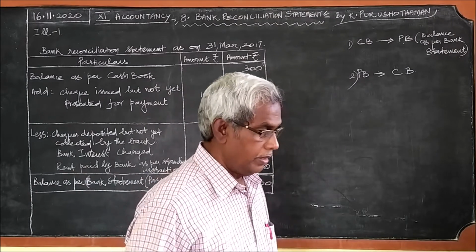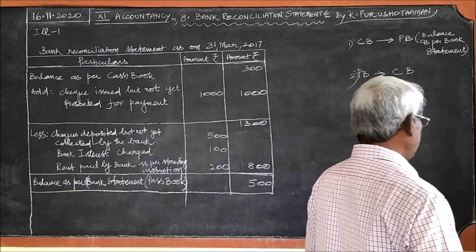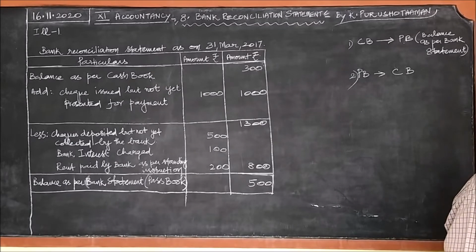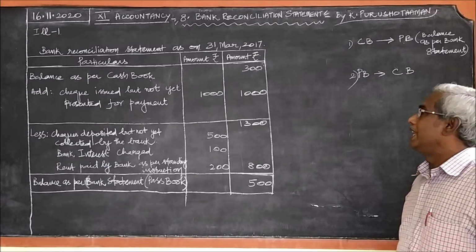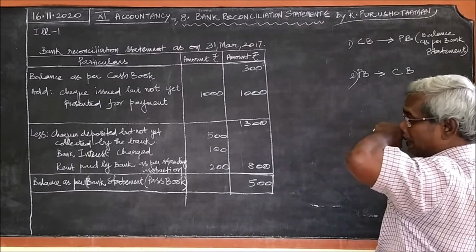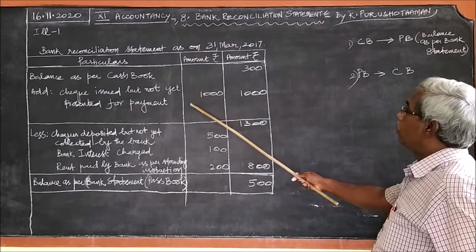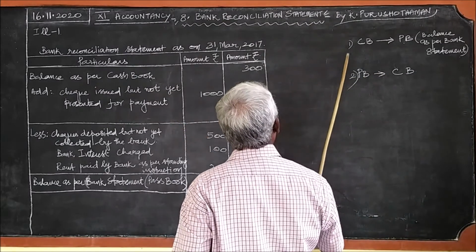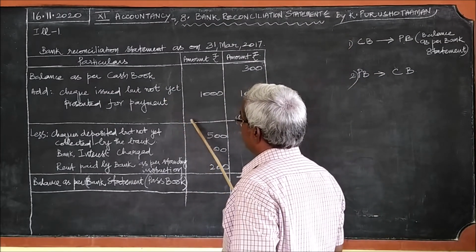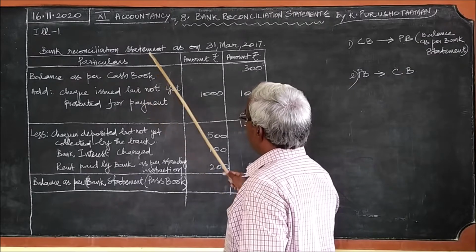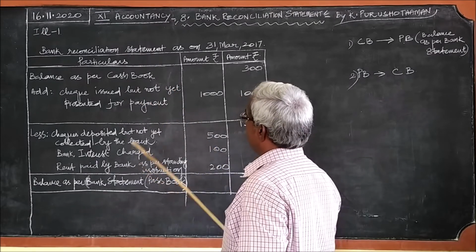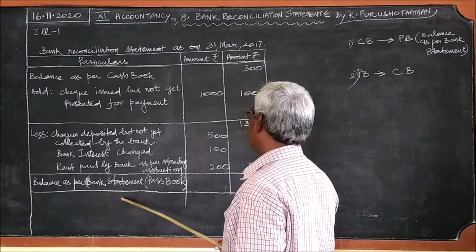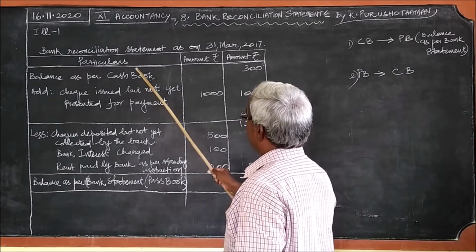To understand this problem, there are two methods, two ways. One, you can mug up the rules. I said that there are two procedures. Definitely one balance will be given: either the balance as per cash book or the balance as per passbook or bank statement.